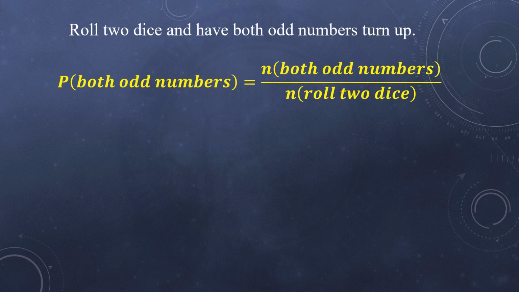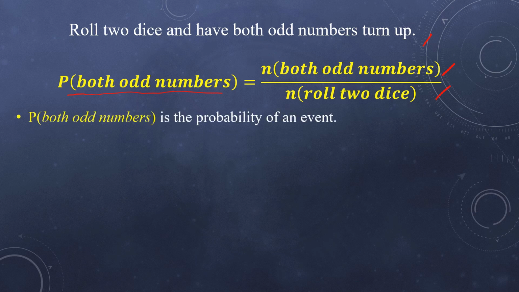space of the experiment. So let us discuss this using our dice example, which is roll 2 dice and have both odd numbers turn up. So from the definition of probability, we write P of both odd numbers, since this phrase is considered as the event of our experiment, N of both odd numbers, or the number of possible outcomes if that would be both odd numbers, over the number of possible outcomes when we roll 2 dice.